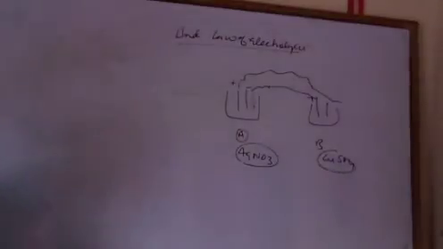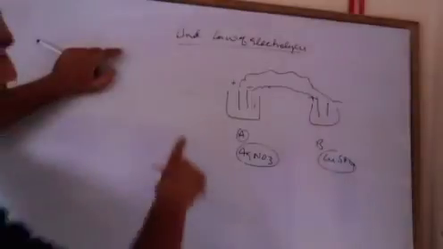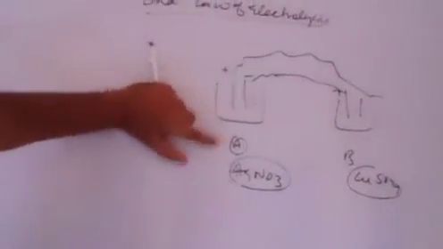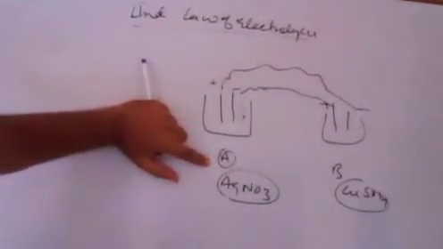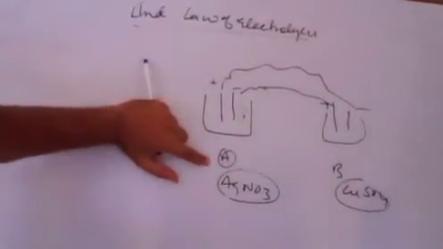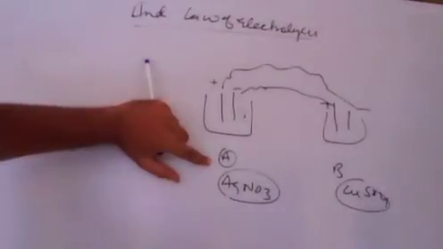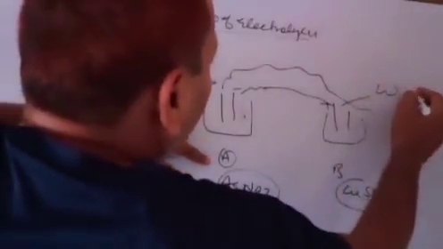Now according to the second law, when the same quantity of electricity is passed through solutions of different electrolytes connected in series, right? Here there are two cells. The masses of substances produced at the electrodes are directly proportional to their equivalent weights, correct?